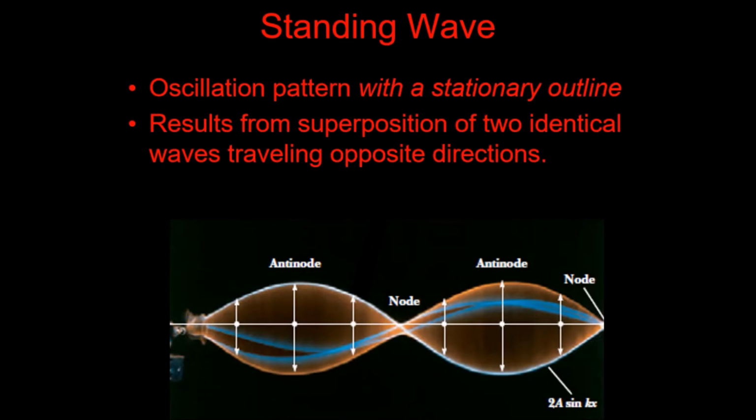As that occurs, we will end up with what's referred to as an antinode, a point of maximum displacement, and a node, a point of zero displacement. Our usual equations for waves apply, such as 2a sine kx here.